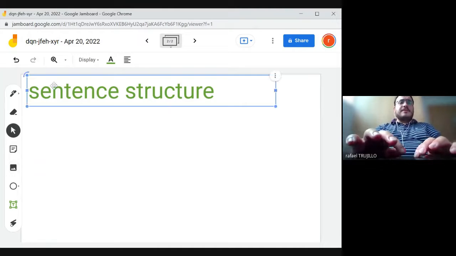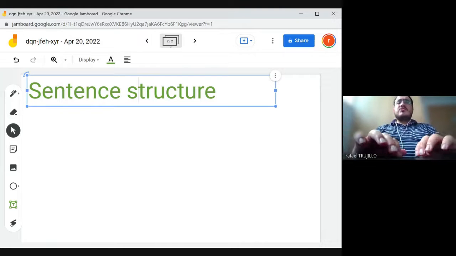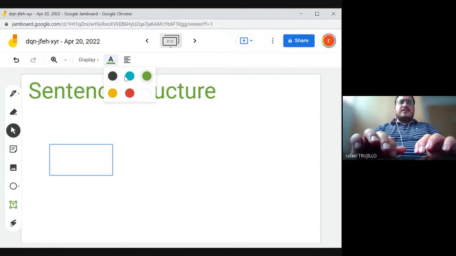Tal vez nunca las vi, tal vez nunca las repasaron o tal vez nunca le pusieron atención. So, what could that be?